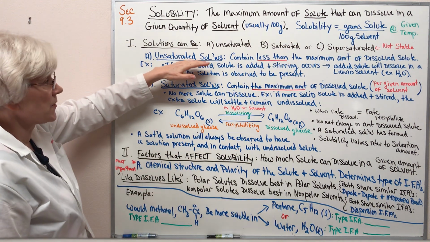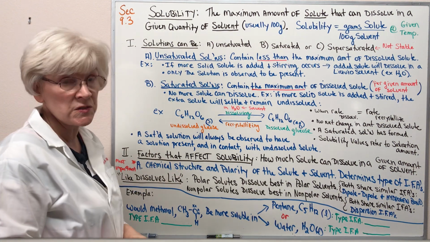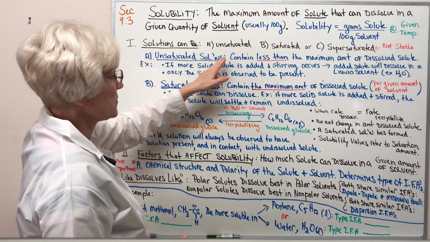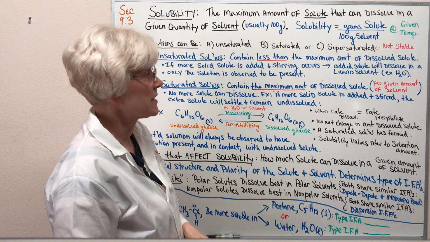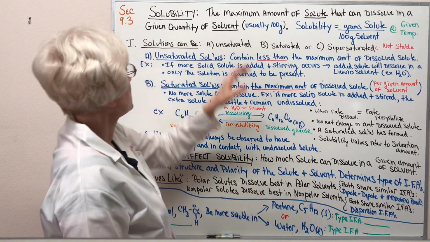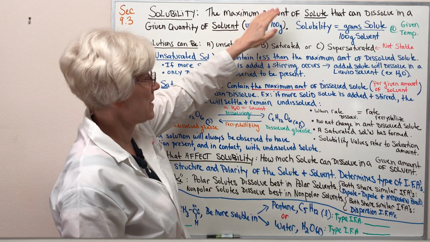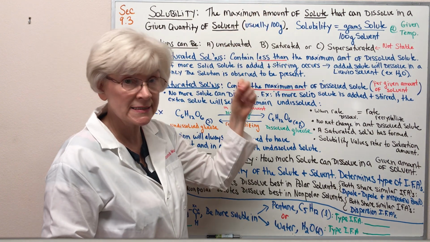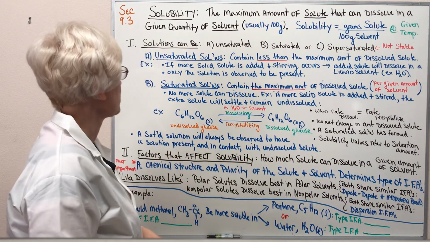An unsaturated solution, and notice I'm abbreviating solution SOL'N, contains less than the maximum amount of dissolved solute. So notice when we describe solubility, we're talking about the maximum amount. If a solution is unsaturated, it contains less than that maximum amount of dissolved solute.